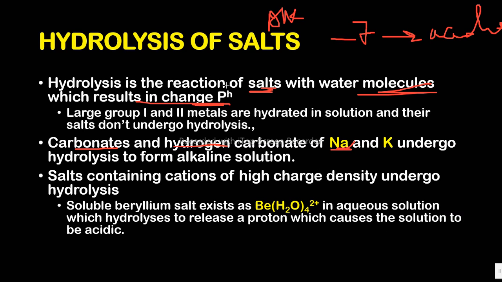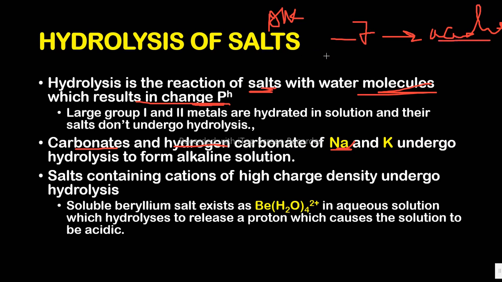So for hydrolysis, like I said, it's a reaction where a salt reacts with water, which results in a change in pH. And I was saying that the pH, instead of being neutral, becomes slightly acidic.